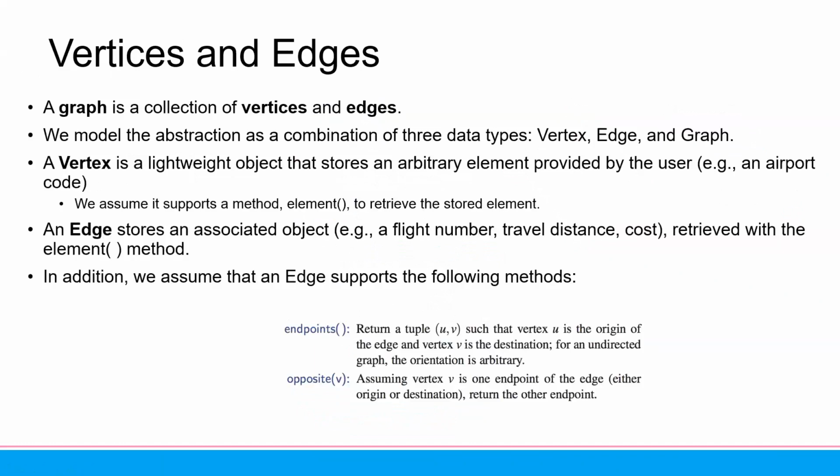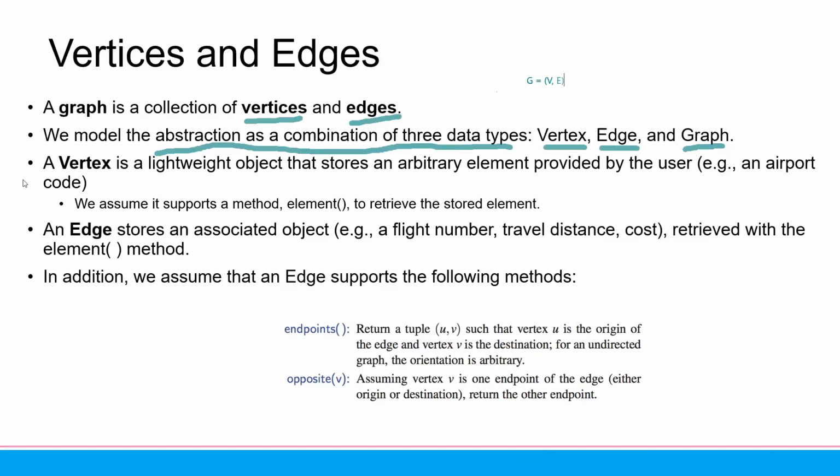Vertices and edges. We know that in a graph we will have vertices and edges. We model the abstraction as a combination of 3 data types: vertex, edge, and graph. If you read any paper, T is a graph, and there will be V and E, vertex and edge.